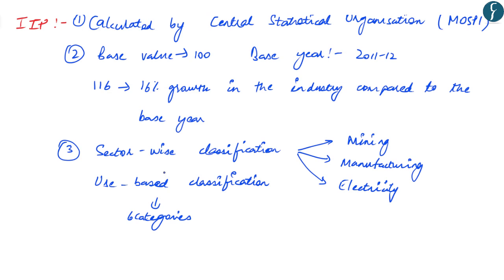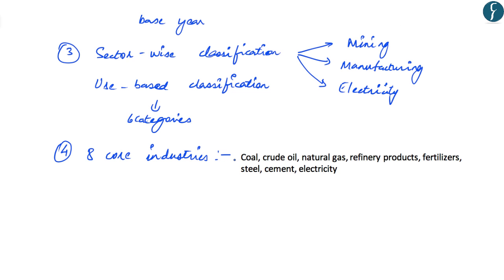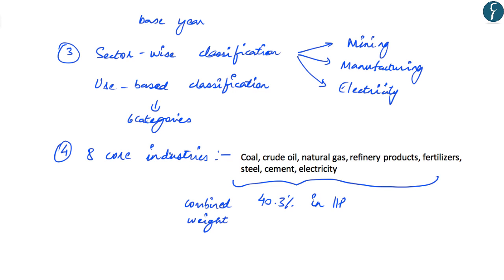Also, since IIP measures the amount of industrial production in the country, it also consists of a group of 8 core industries. These 8 core industries include coal, crude oil, natural gas, refinery products, fertilizers, steel, cement and electricity. And as per the latest IIP, these 8 core industries have a combined weight of 40.3% in the IIP. So with this we have understood the classification of industries in IIP and how IIP is calculated.